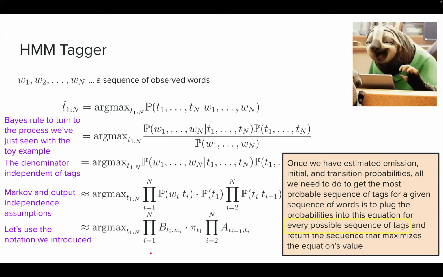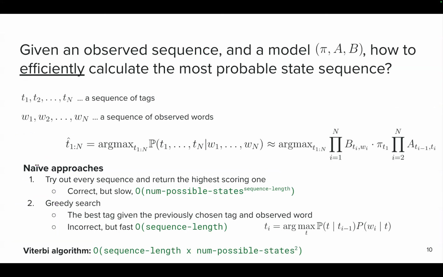So although we can get the exact values we want just by plugging in all possible sequences, that's going to be very, very slow. So alternatively, we could try something simpler.